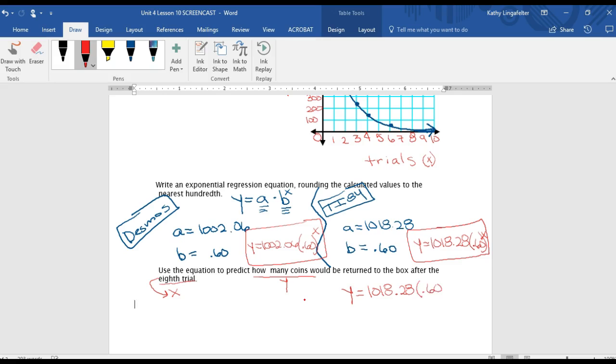So I'm going to use the TI-84 equation, and again we're substituting 8 in for x, and I get a total of 17 coins. I had to round. If you were to use the other equation, you would get the same thing. And again, the trial number was our x value, so we're replacing our exponent x with 8. This one would actually give you 16 point something, which you would round to 17 coins.